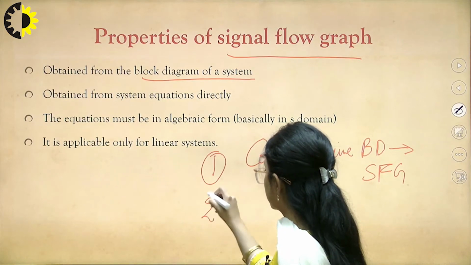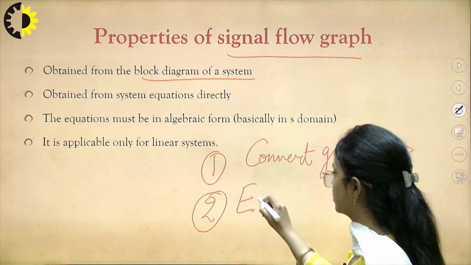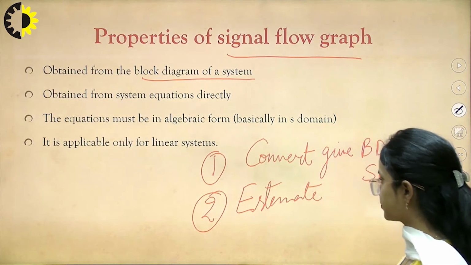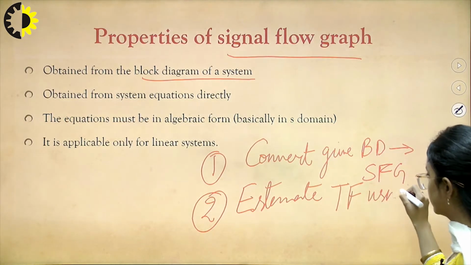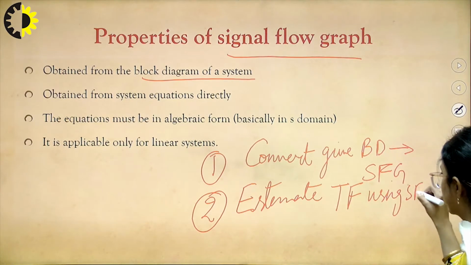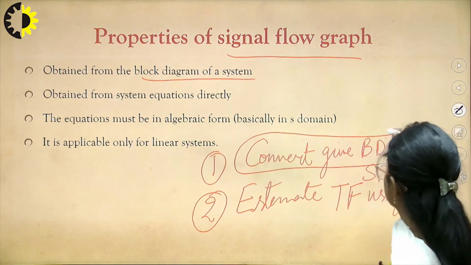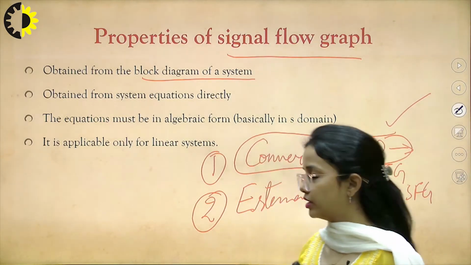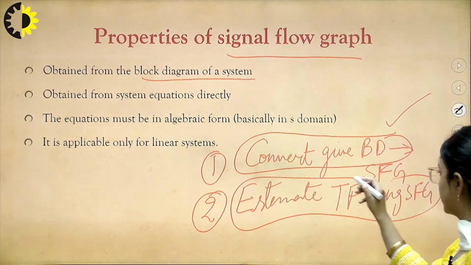The second question is: estimate the transfer function using signal flow graph. So this conversion we have to learn, how a block diagram can be converted into a signal flow graph. Then the next thing which we have to study is estimation of transfer function.